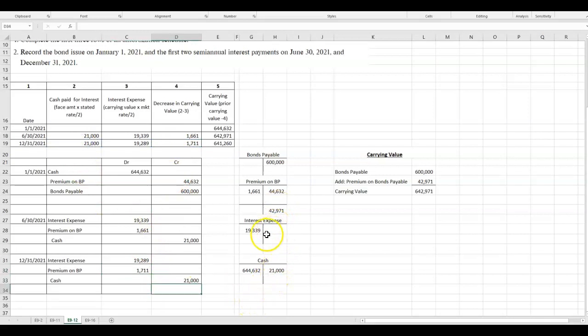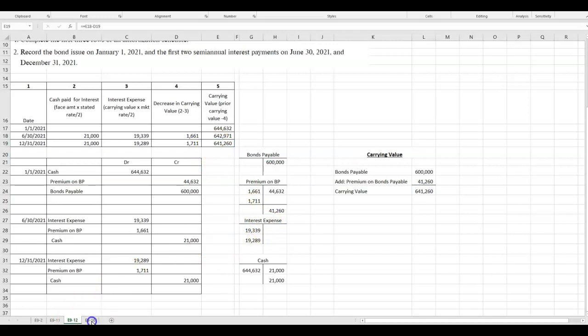If we post these, interest expense, premium, and cash. You'll notice that our premium went down, so the amount we're adding goes down, so our carrying value goes down, and it matches what we said in the table, 641,260.